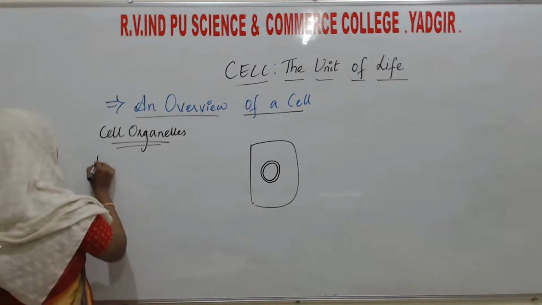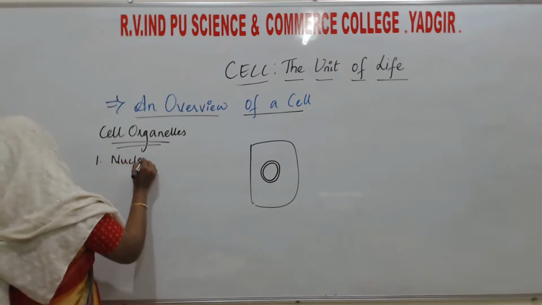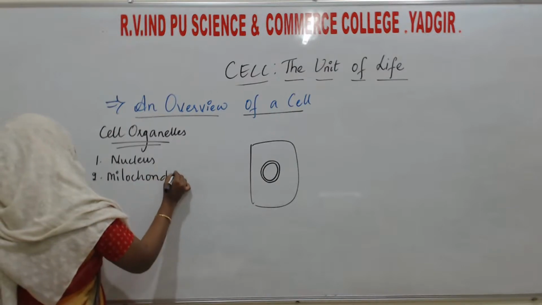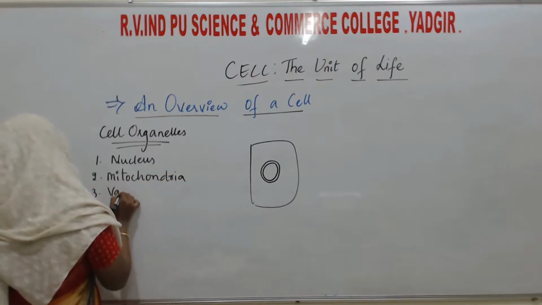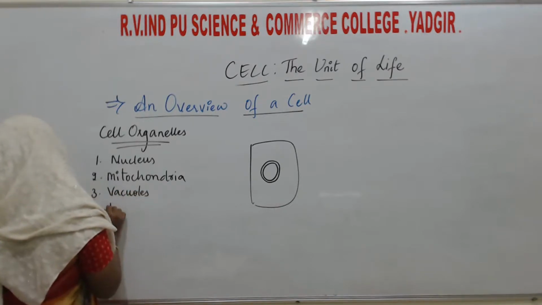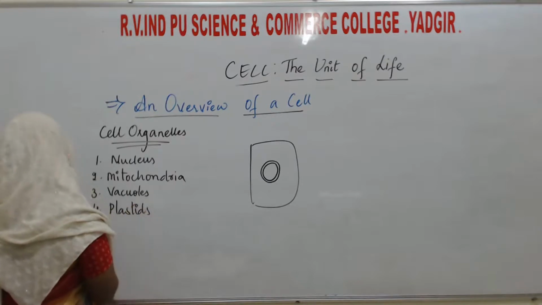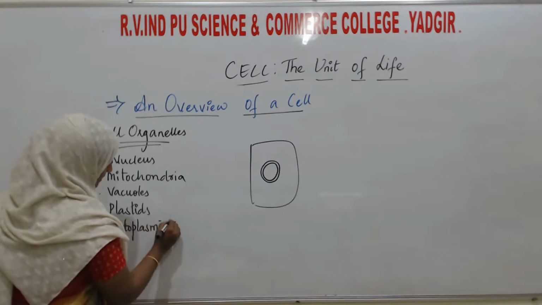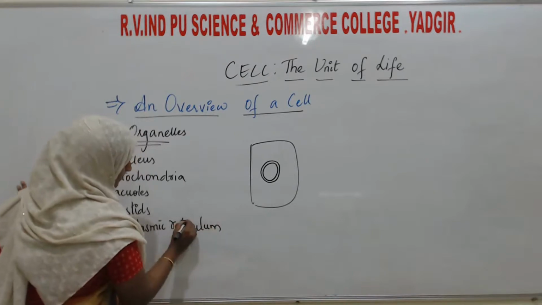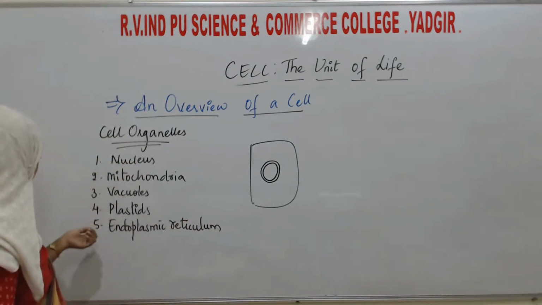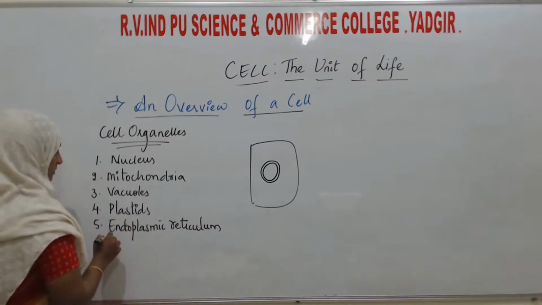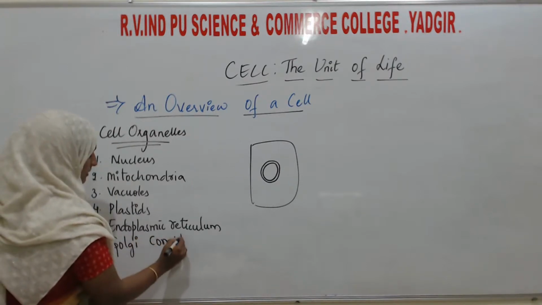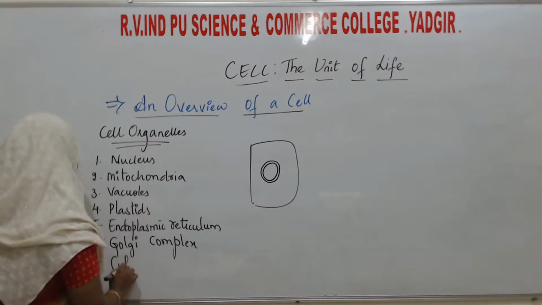First, the nucleus, mitochondria, then vacuoles, plastids, endoplasmic reticulum, then Golgi complex or Golgi apparatus, then cytoplasm.